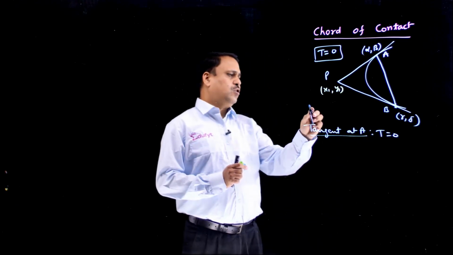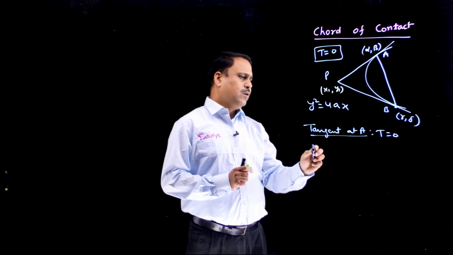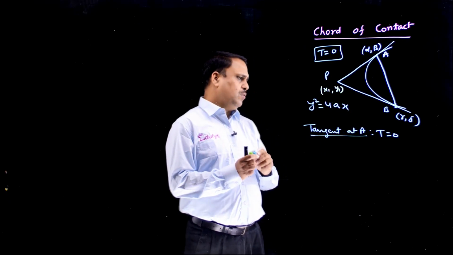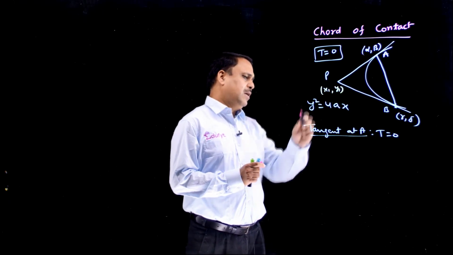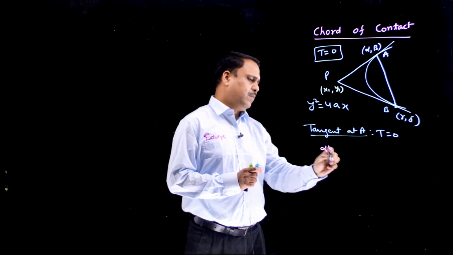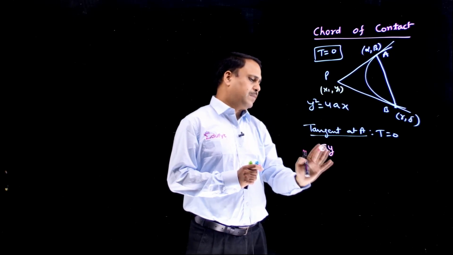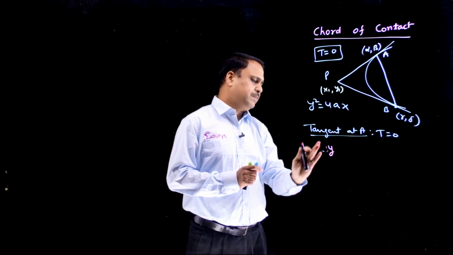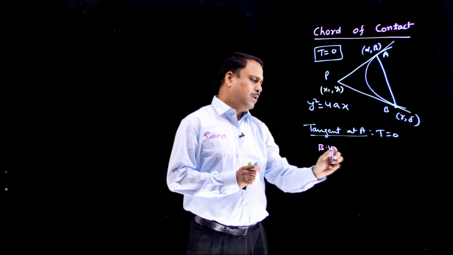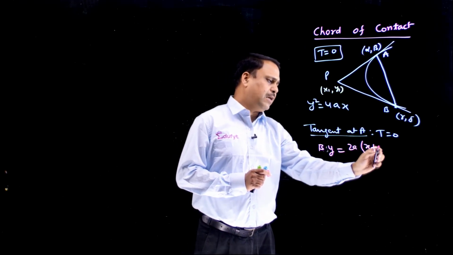So what is T is equal to 0? My parabola is y square is equal to 4ax. So y y1, T is equal to 0. Again we can write y1, that means alpha, because the coordinate of this is alpha, beta, so y1 is beta. So beta y is equal to half of the coefficient 2a, x plus alpha.